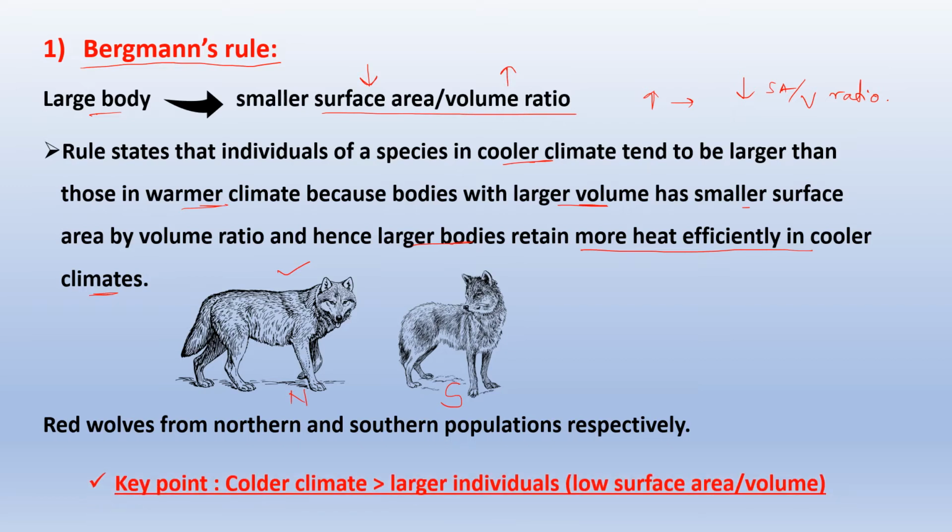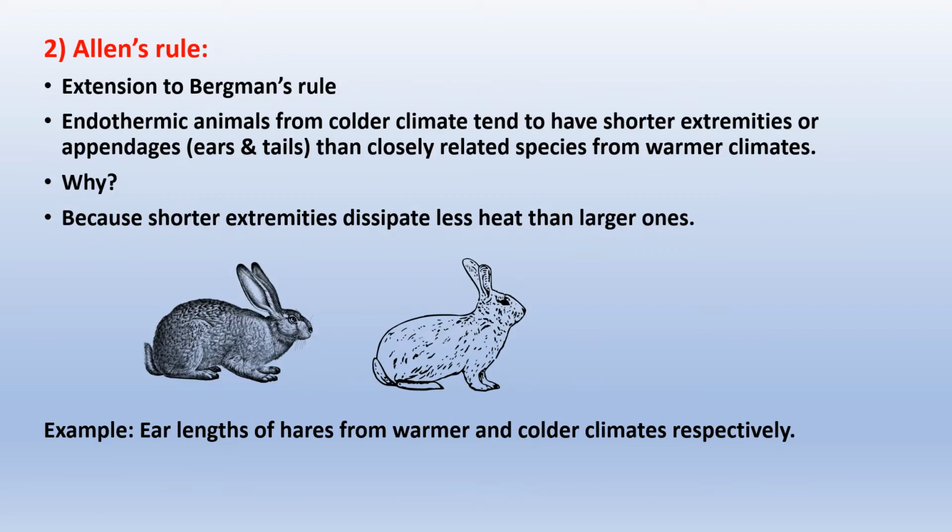I have tried to include some key points after every rule. You just have to remember this key point. Once you recall this key point, you will be able to recall the whole rule. So the key point from this rule is cooler climates have larger sized individuals, that is, low surface area to volume ratio.